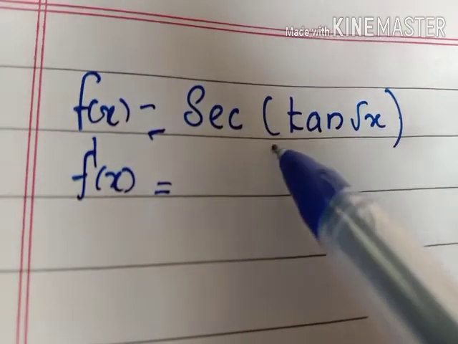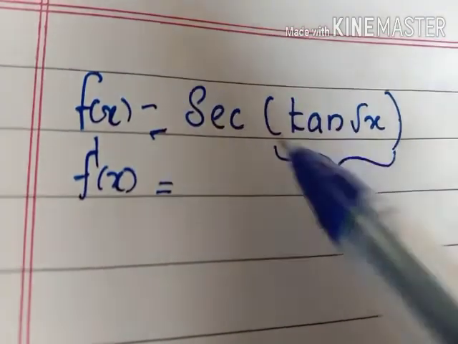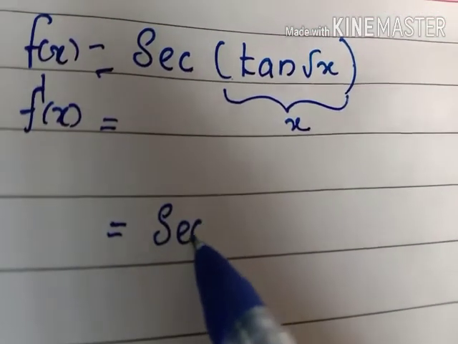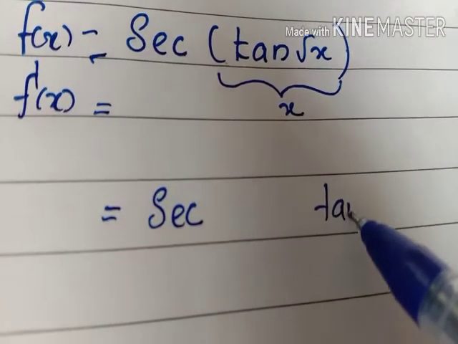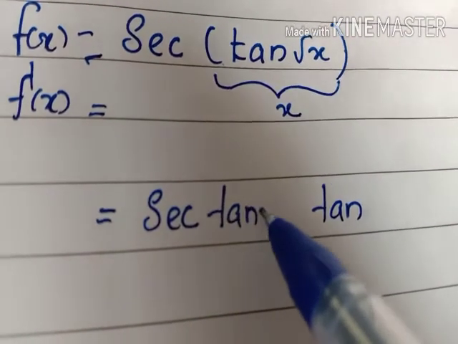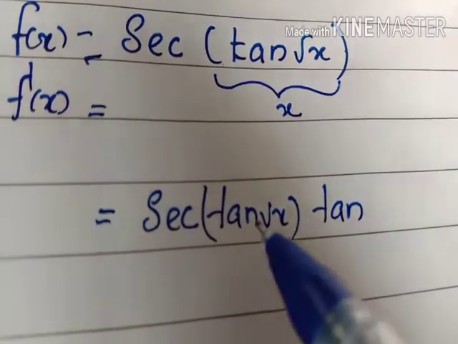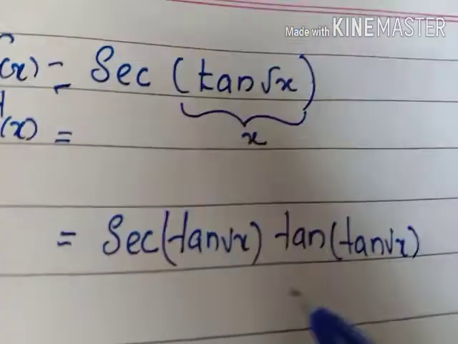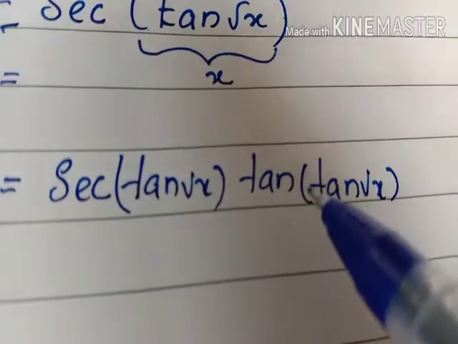So it is just like sec x. What is derivative of sec x? Sec x tan x. What is x? Tan root x. So sec x tan x. Is clear?